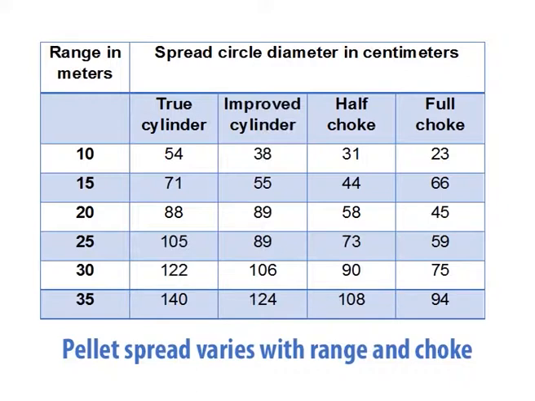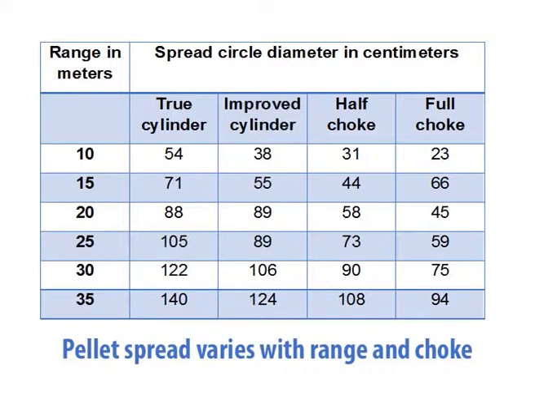For a range of 15 meters, the spread circle diameter is 71 centimeters for the true cylinder, 55 centimeters for an improved cylinder, 44 centimeters for half choke and 66 centimeters for full choke.